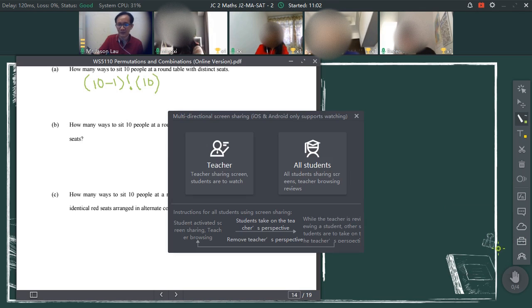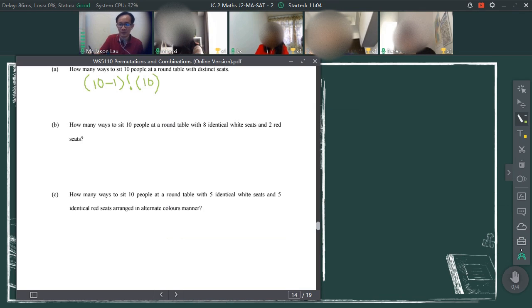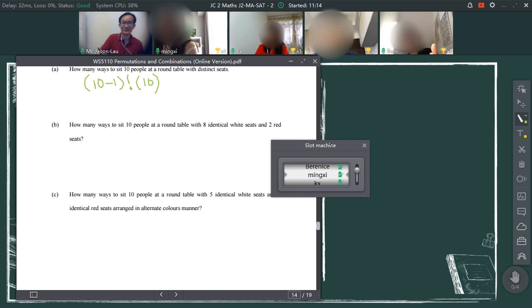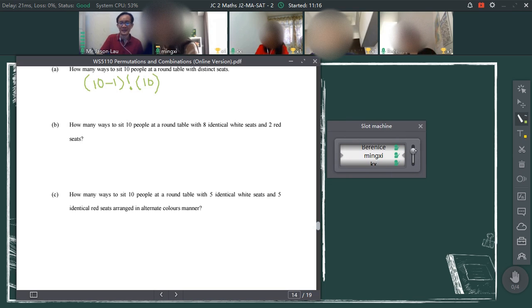Someone answer lah. Come, let's roll the thing. Mingxi, let's roll a bit. See whether it is fair or not. Bernice, Grander. Wow, quite fair. Everyone got one chance.